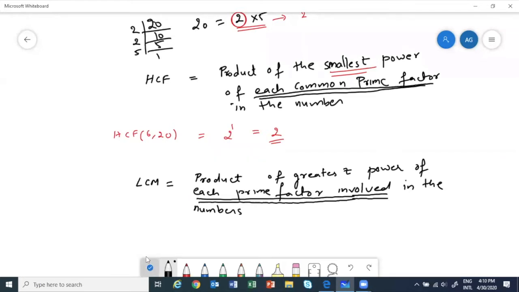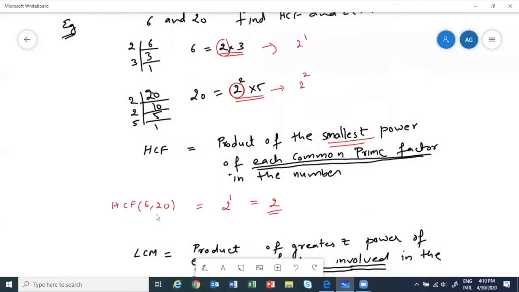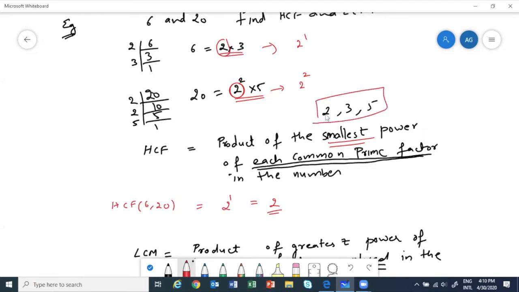So let's see here, for 6 and 20, what all prime factors we have? We have 2, 3 and 5. So all the prime factors we have to consider for LCM. Then for the greatest power, 2 has 2 square, 3 has power 1, 5 has power 1.